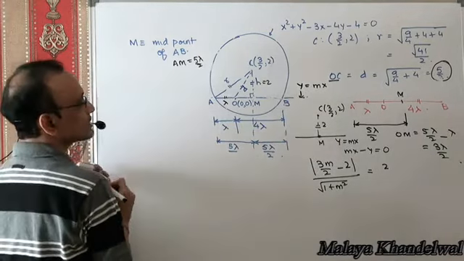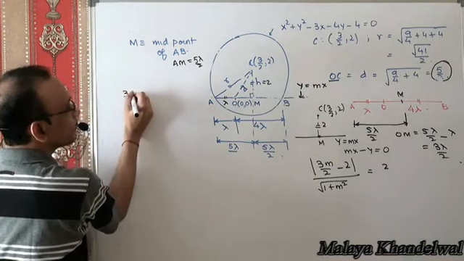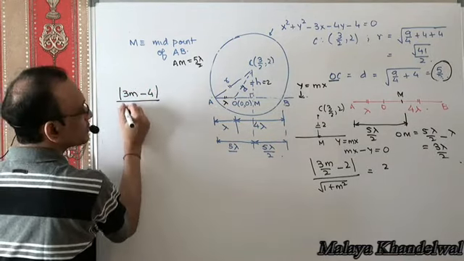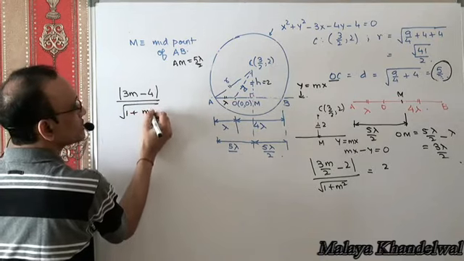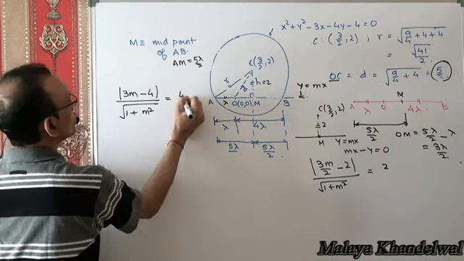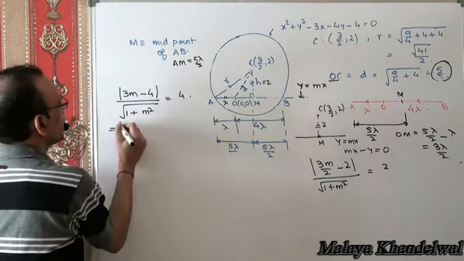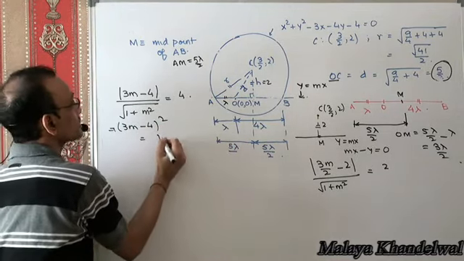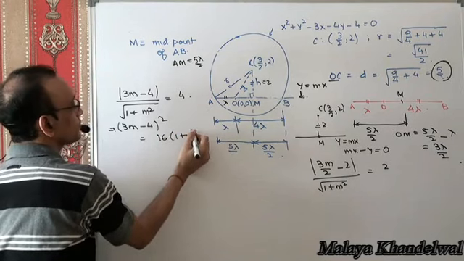let me solve. So I have 3m minus 4 mod of this divided by root 1 plus m squared is 2. On squaring, I get 3m minus 4 whole squared equal to 16 into 1 plus m squared.